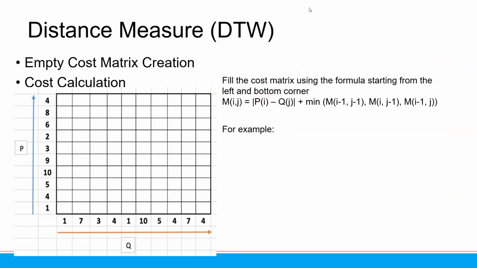We have the formula like this: Mij equals the absolute difference of Pi minus Qj, P at the particular i minus Q at the particular j, plus the minimum of M(i-1, j-1), M(i, j-1), and M(i-1, j).